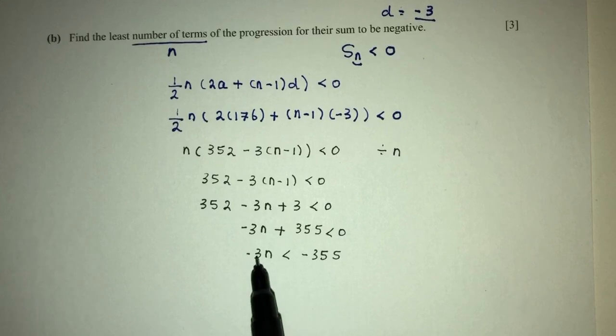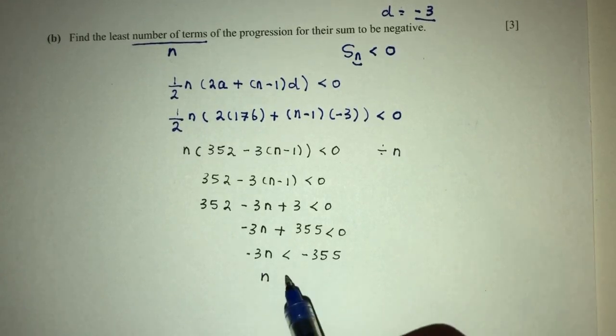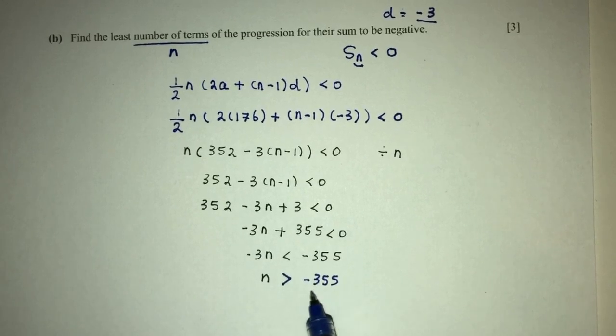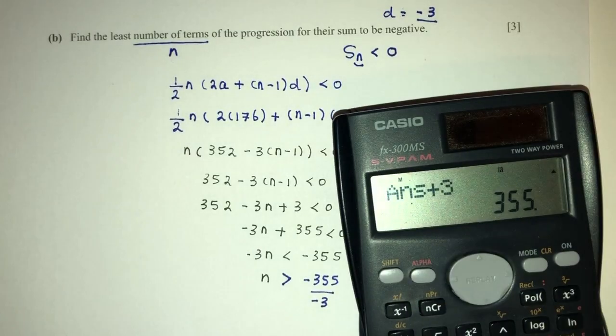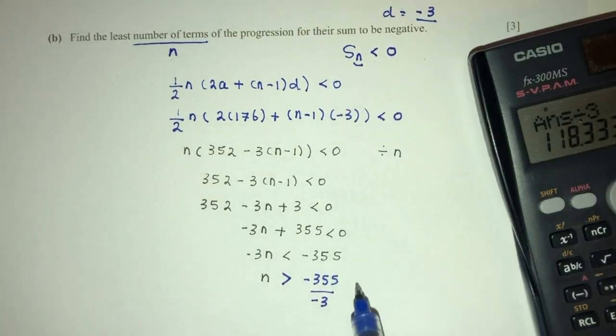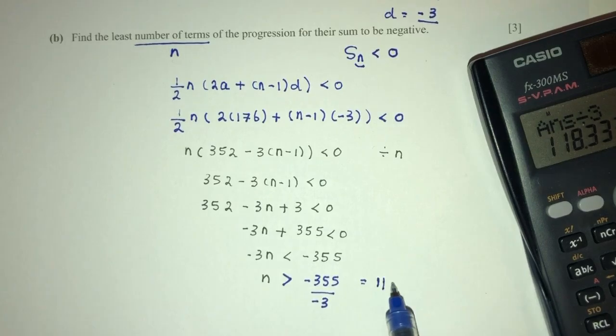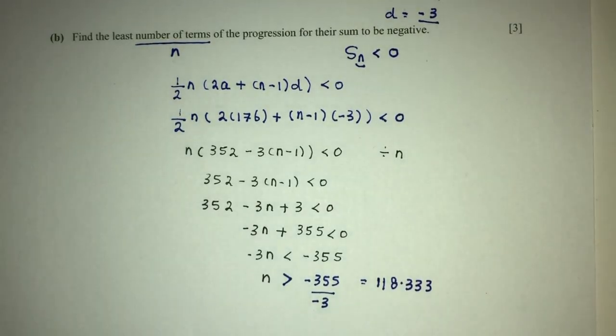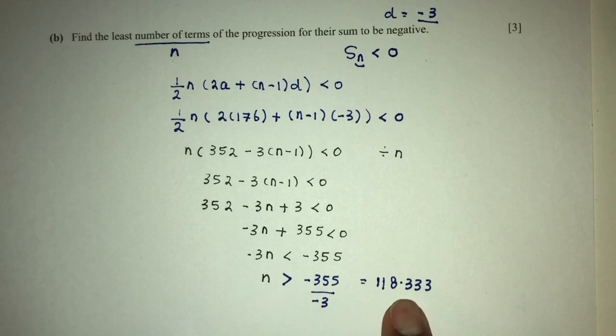Now when you divide by a negative value, you have to change the sign. That's something you have to know. The sign will change to the other way. This divided by minus 3 will be 118.333. So for n to be more than this value, we know that n has to be an integer.